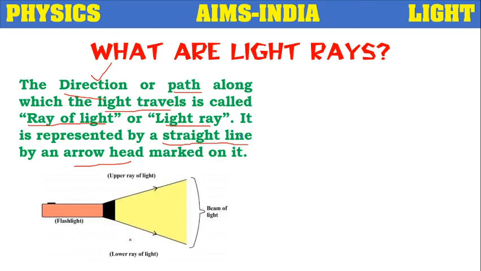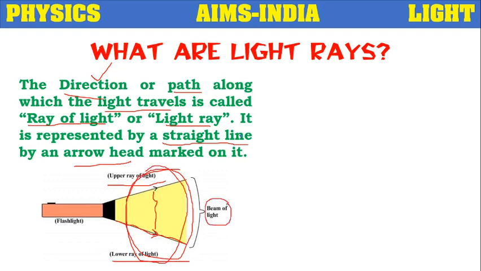We can observe the lower ray of light and the upper ray of light. In between we have a number of rays. This single straight line headed by an arrow mark is considered as a ray. In this slide we have n number of rays. The collection of all these light rays is called a beam of light.